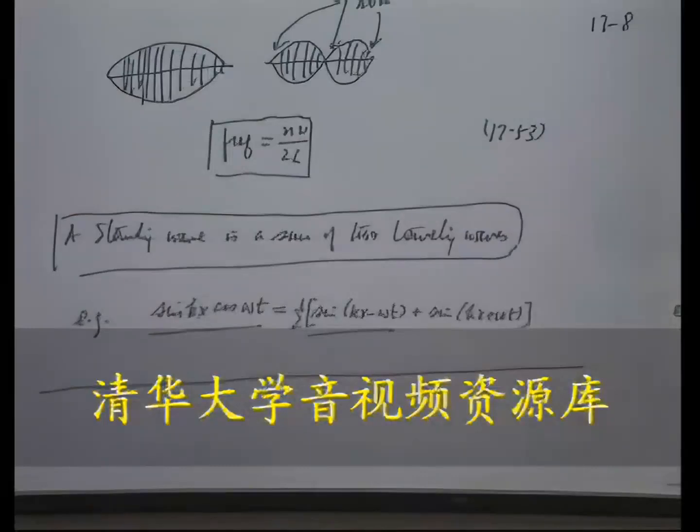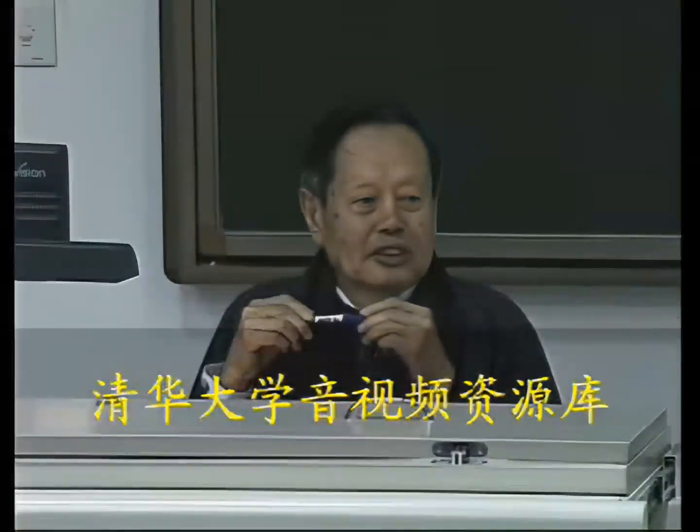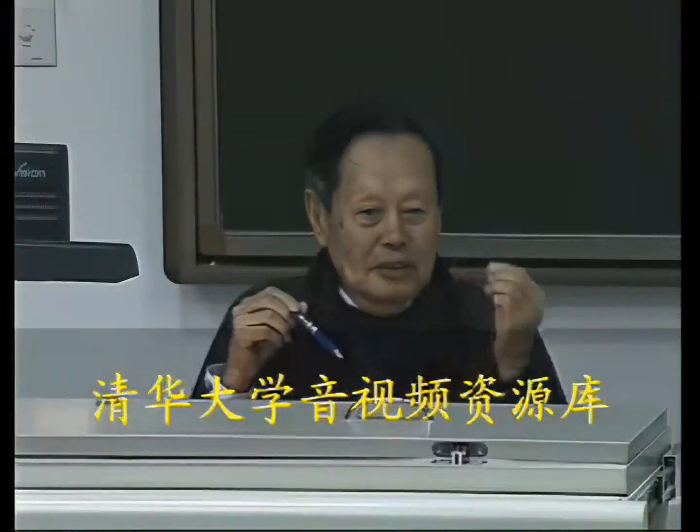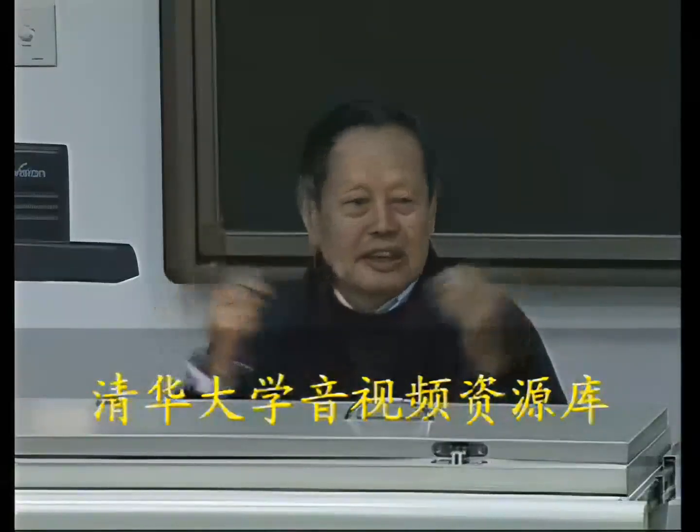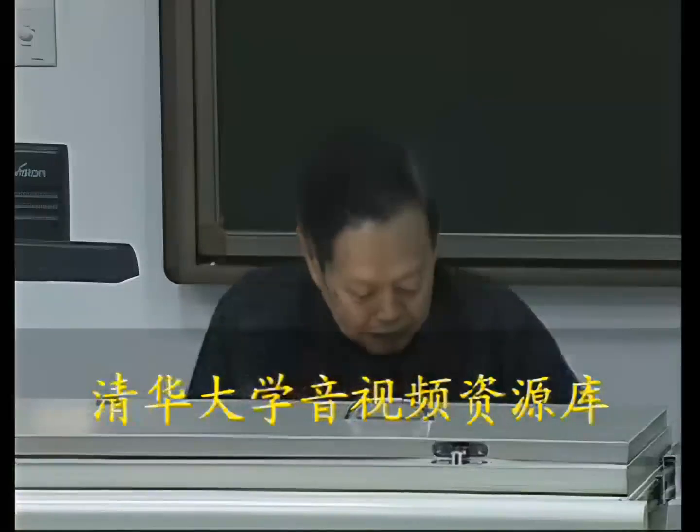So we now know in some sense the physics of a string vibration. But what we discussed is a case where the boundary condition is that y is equal to 0 on this end and y is equal to 0 on this end. There are other boundary conditions.